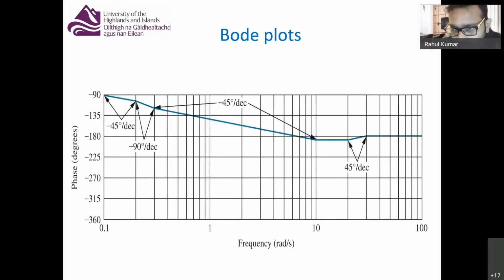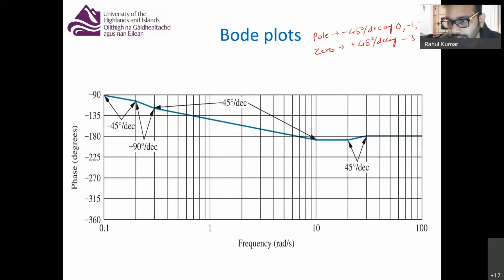So pole, obviously, causes minus 45 degree per decade, and zeros cause a slope of plus 45 degree per decade. This we know, and we have poles at 0, minus 1, minus 2, and the zero is at minus 3.